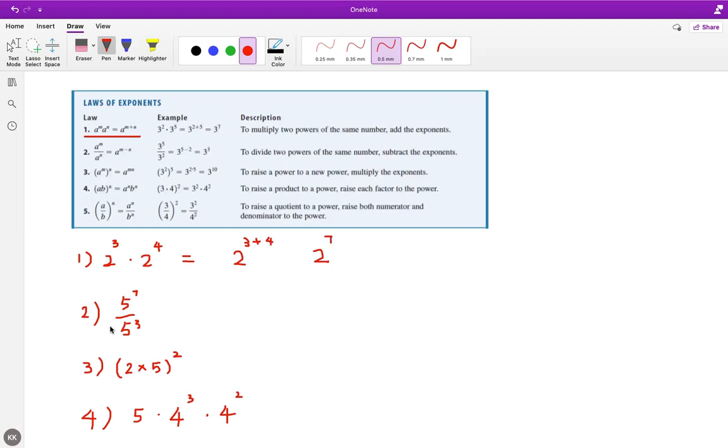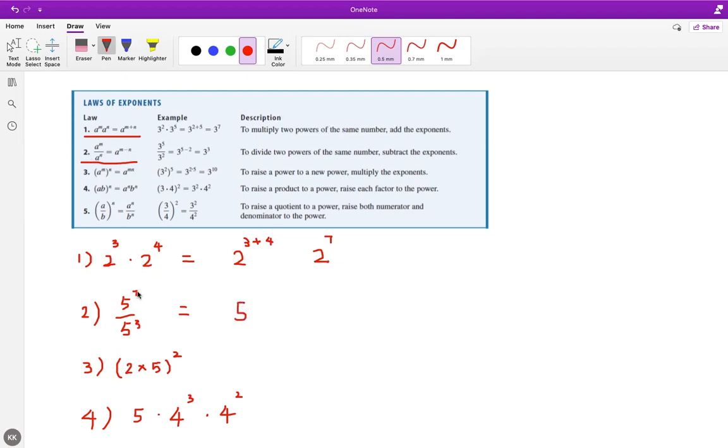And for question number 2, we have the same base and it's a division. So which law states that we have the same base, but it's division? Law number 2, right? Because we have the same base and it's about division, so we are going to subtract the exponents.